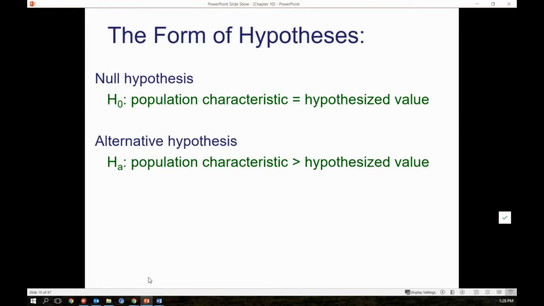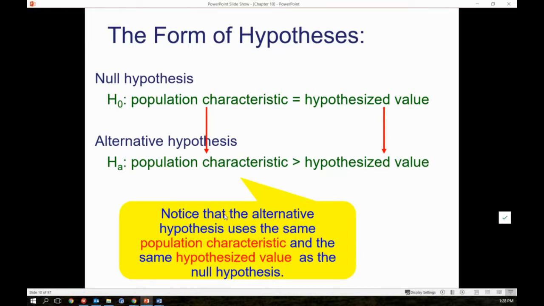Now, what do you notice about the wording here? If I were to assign numbers or letters to each of these, what do you think you would notice? They use the same values, the same population characteristic, the same hypothesized value. The only thing that will change is our sign. Everything else stays the same.